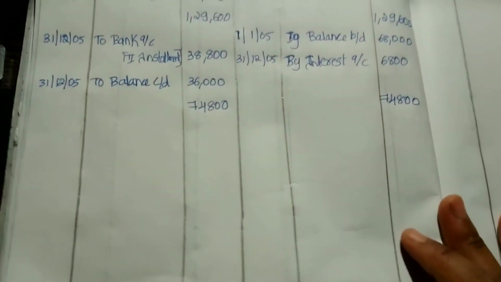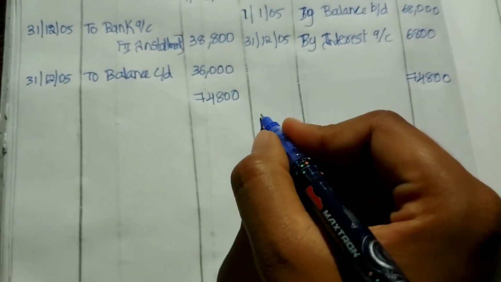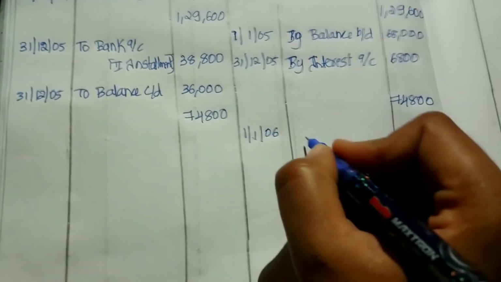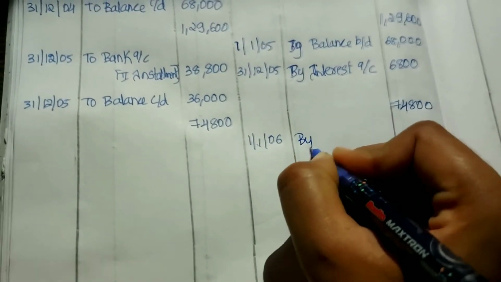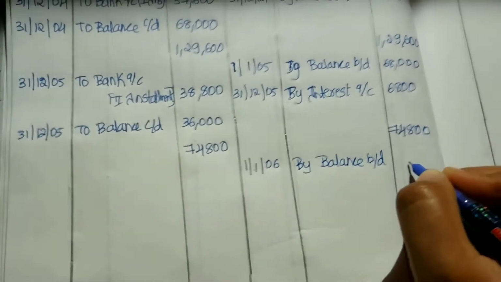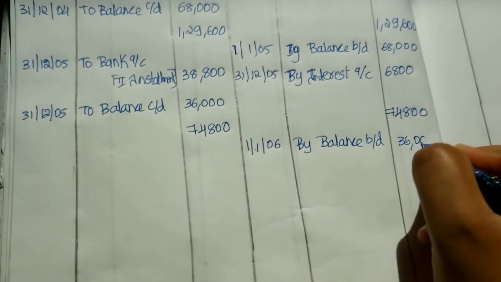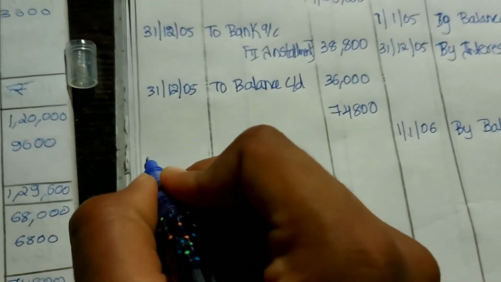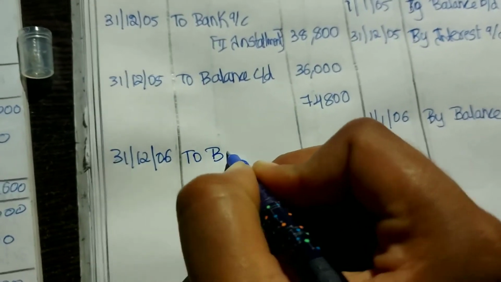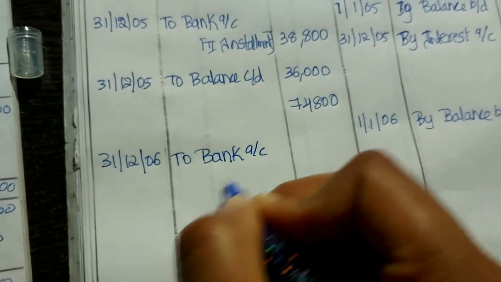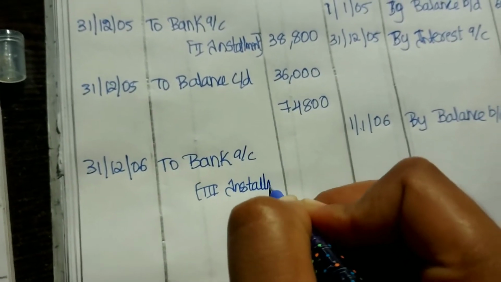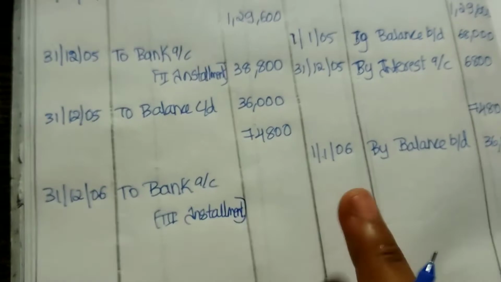Now we'll go for the third year. At the start of the third year, we'll bring down the last year balance, by balance brought down, 36,000. Here we are paying the last installment, that is the third year installment. Now let's see the amount.